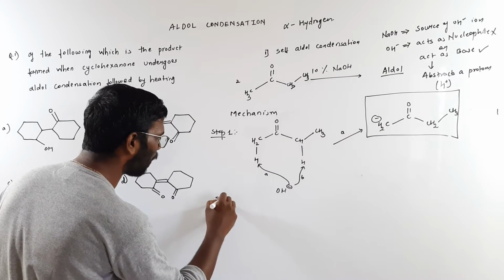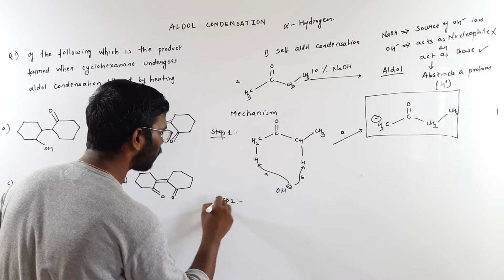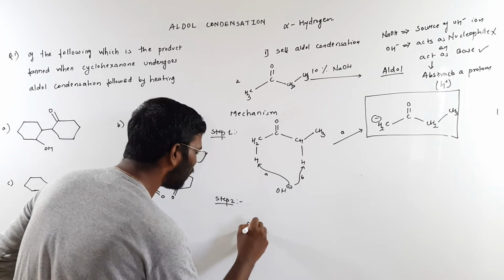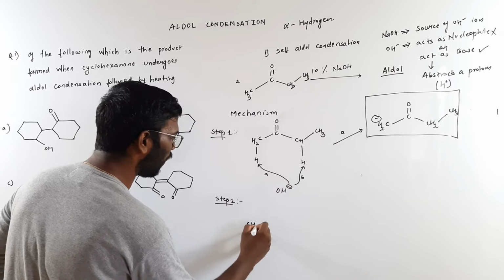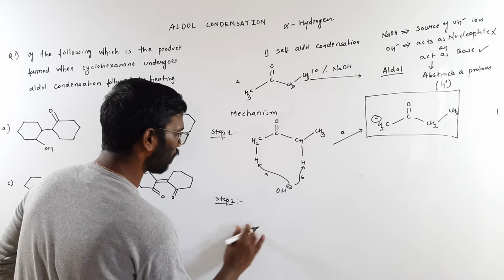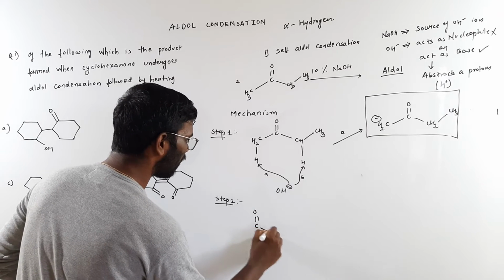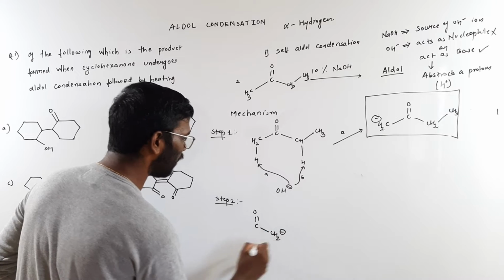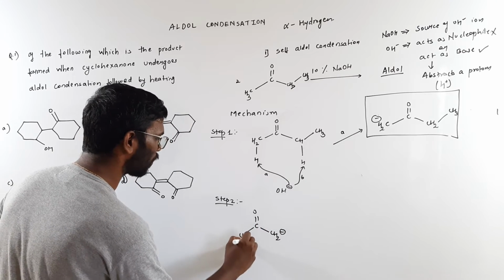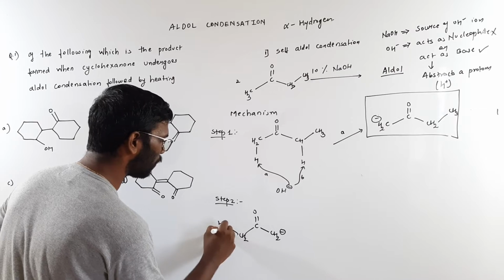Step 2 is this. I'll write it in another way. I'll write that carbonyl carbanion on this side, CH2 minus, and this is CH2 and CH3.